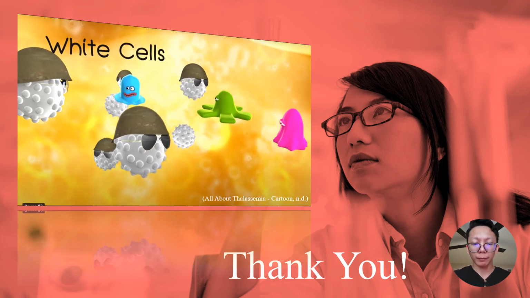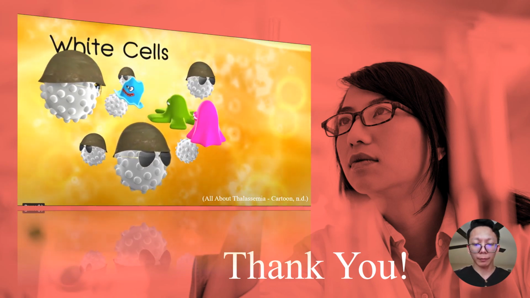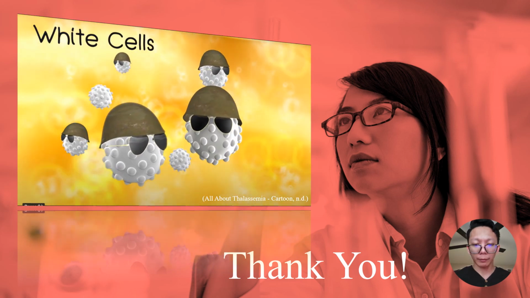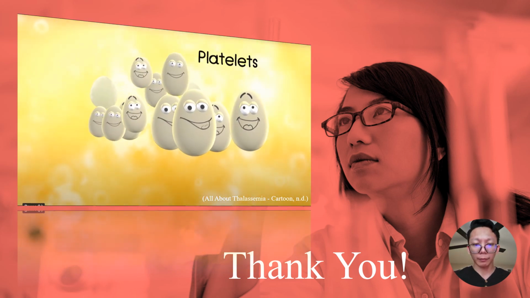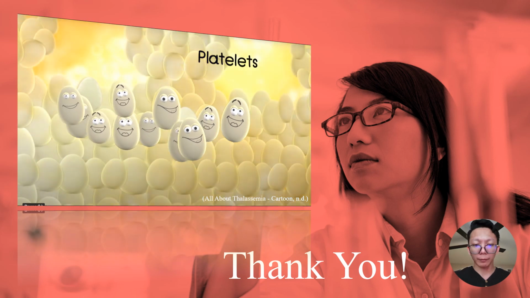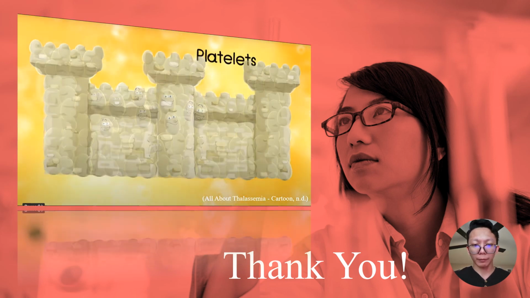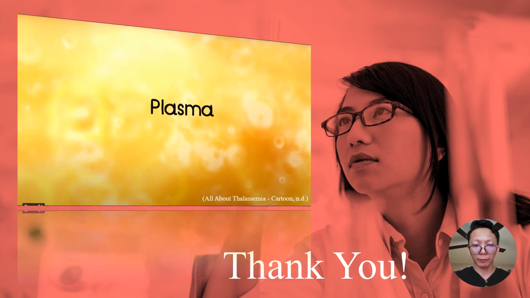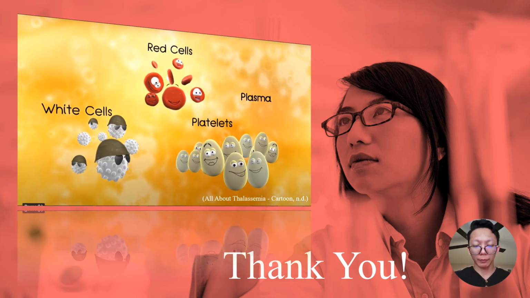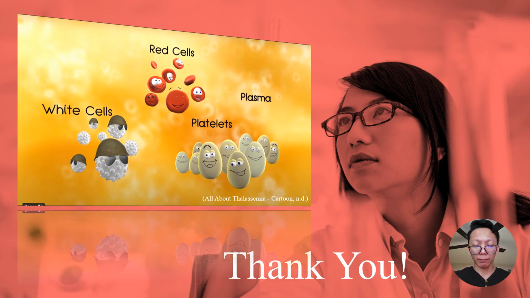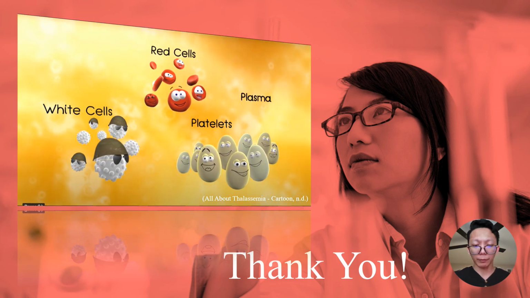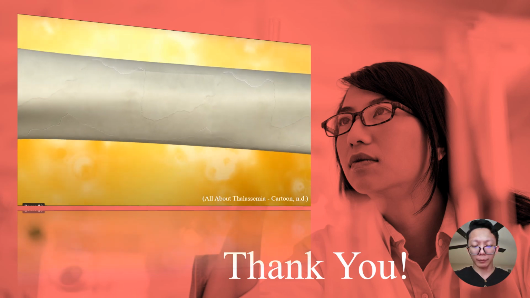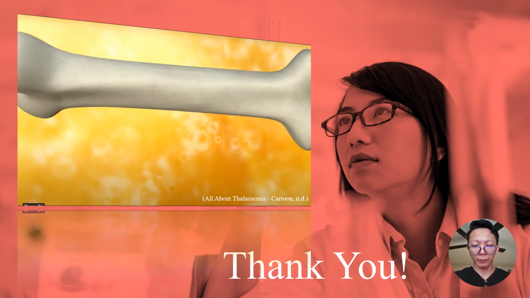The white cells are wibbly wobbly and white, and act like little soldiers, fighting off germs to keep you healthy. The platelets look like tiny eggs and gather and stick together like building blocks to help you stop bleeding. On the other hand, the plasma is a yellow, watery stuff in which all of us float and carries many, many nutrients that your body uses to keep you healthy and strong. Do you know where blood and all of us in it come from?